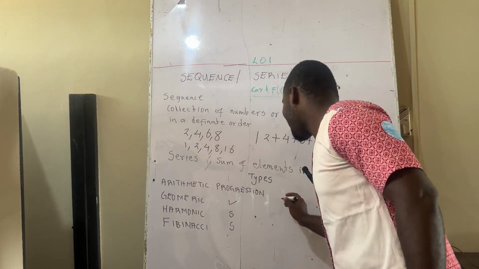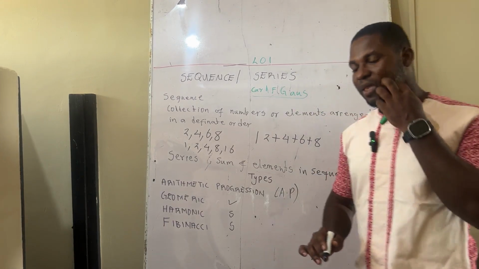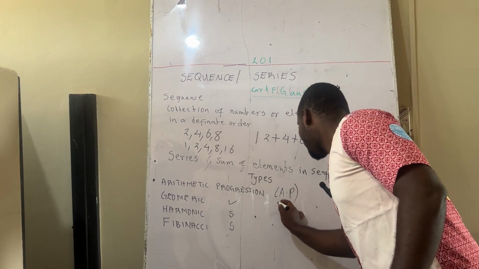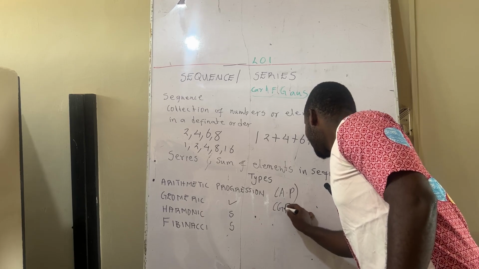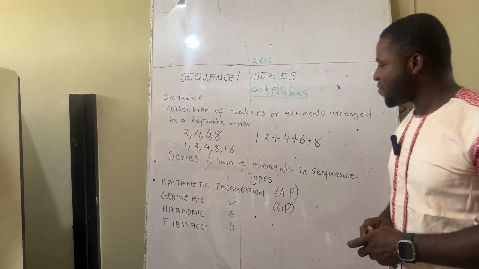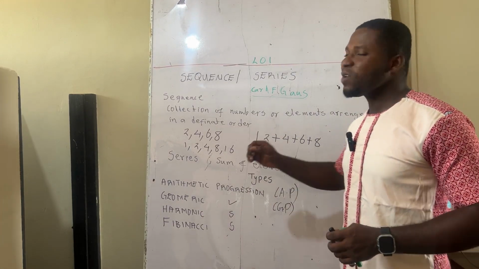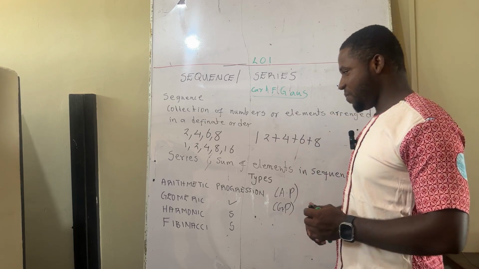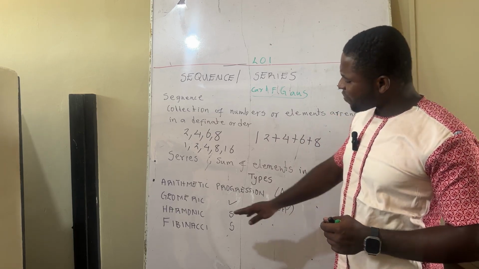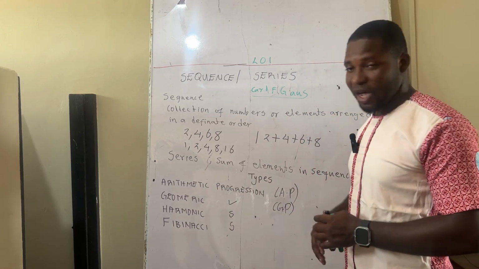Normally we call arithmetic progression AP and geometric progression GP. Then there are the harmonic and the Fibonacci sequences. In our next lesson, we'll be taking them one by one to explain. But as for Fibonacci and harmonic, we can just look at them briefly.